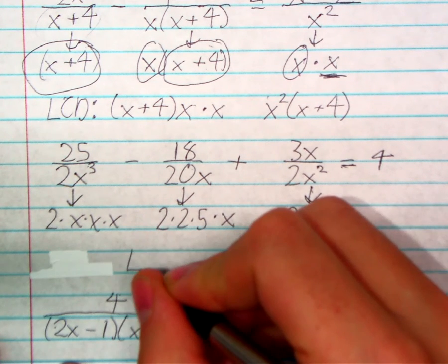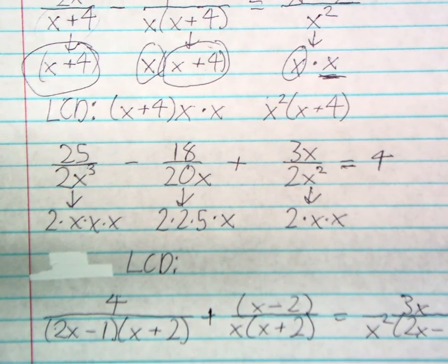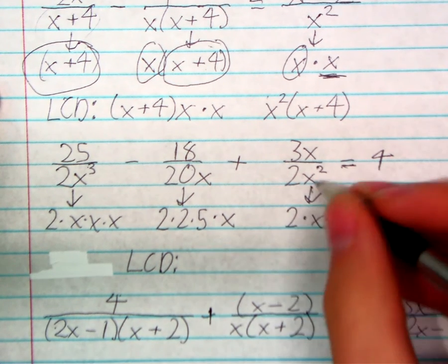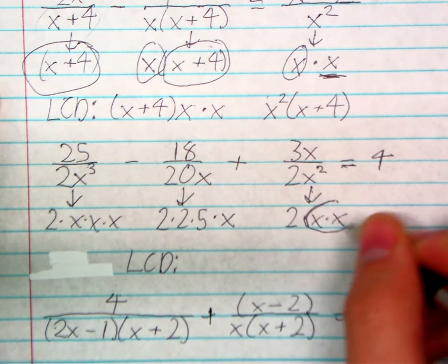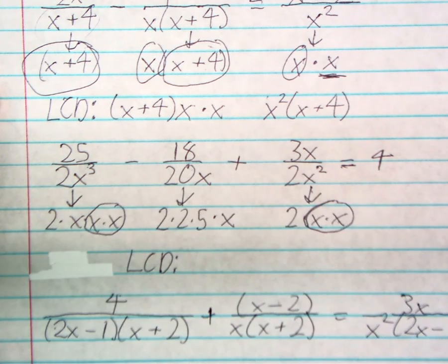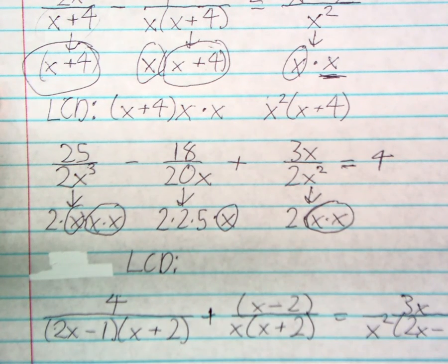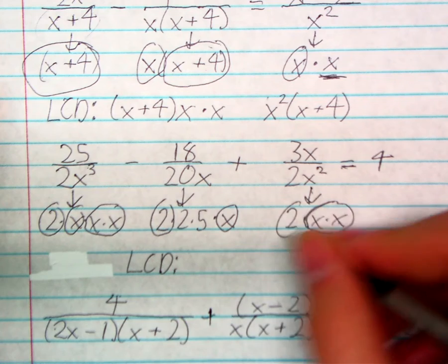And now for my LCD, all I want to do is find matches. So I've got 2 x's here and 2 x's here. I've got 1 here and 1 here. I've got a 2 here that matches with that 2 and that 2.